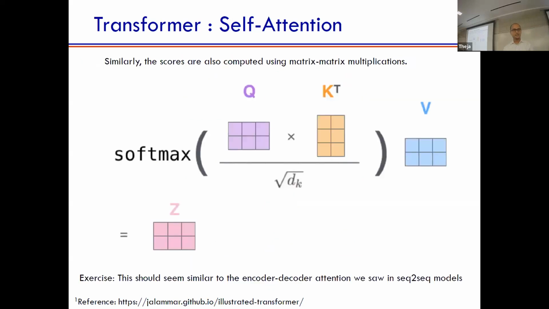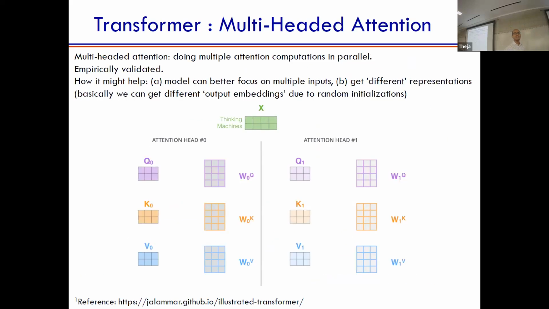In fact, now I'm going to introduce one extra complexity, which is the notion of multi-headed attention. It turns out that in the self-attention sublayer, instead of using just one set of WQ, WK, and WV, those three matrices, you can actually use multiple copies of them. We're just doing some parallel computation.